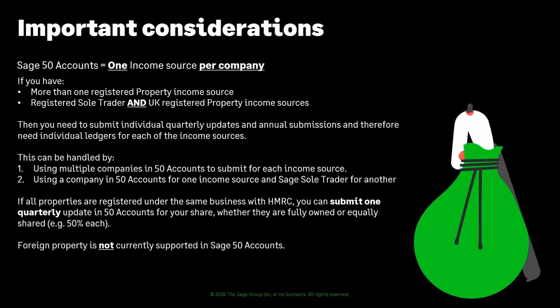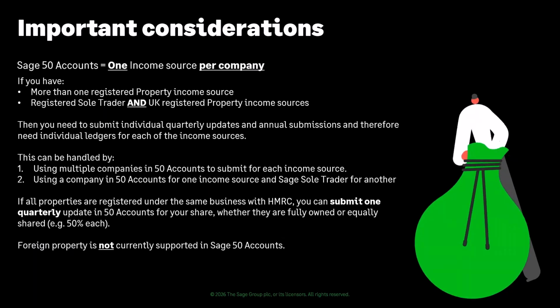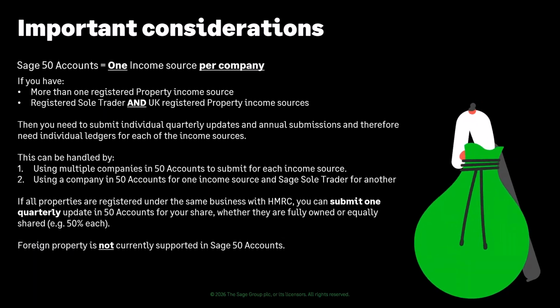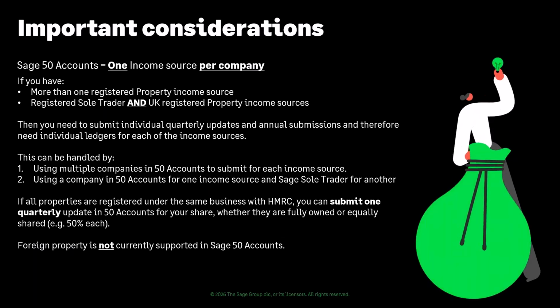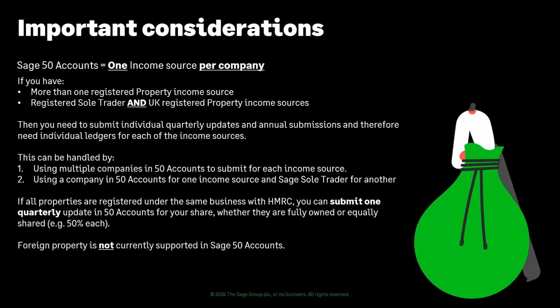So therefore, you're going to need individual ledgers for each of the income sources. You can handle this by using multiple companies in 50 accounts to submit for each income source for one individual.